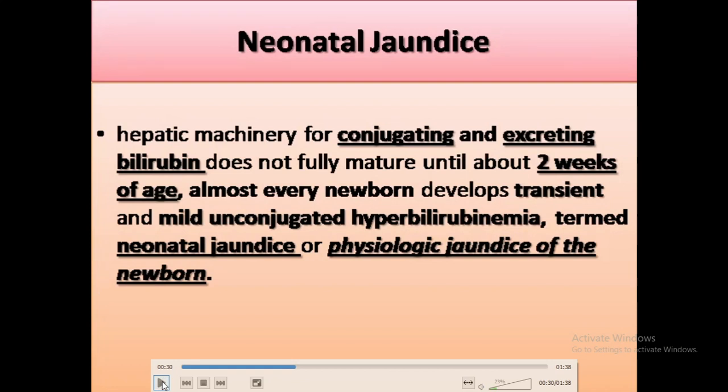So now details about neonatal jaundice. The hepatic machinery for conjugating and excreting bilirubin does not mature until about 2 weeks after birth. So almost every newborn develops transient and mild unconjugated hyperbilirubinemia, termed neonatal jaundice or physiologic jaundice of newborn.